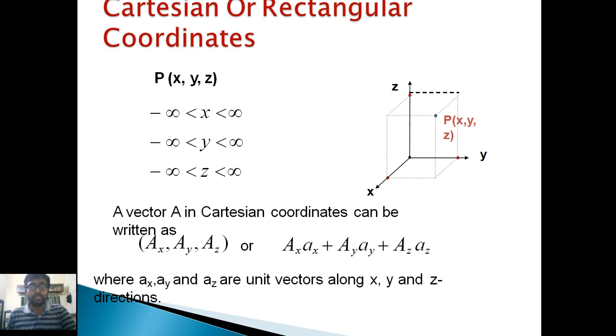Three different axes through which we will define different kinds of physical quantities, and different space variables will be defined in the Cartesian coordinate system. The three variables or parameters through which we describe the Cartesian or rectangular coordinate system are x, y, z, and their lower and upper limits are minus infinity to plus infinity.